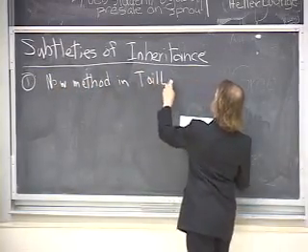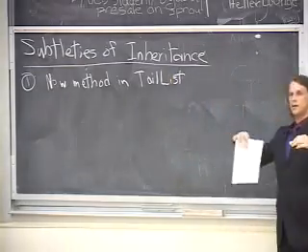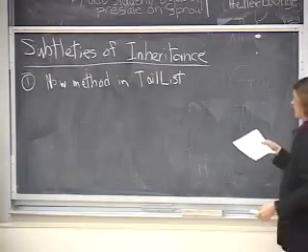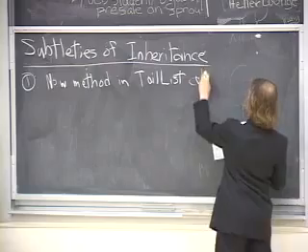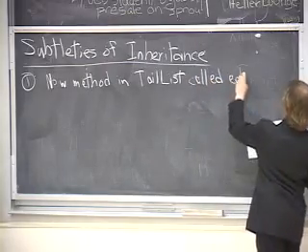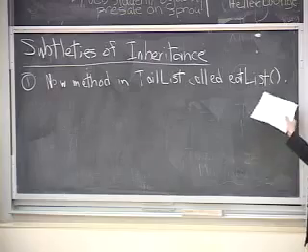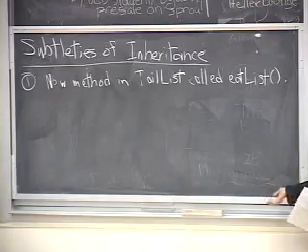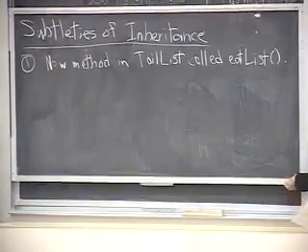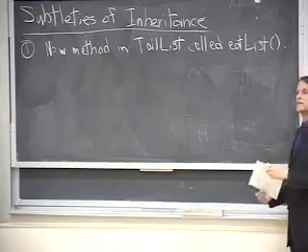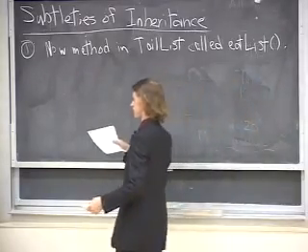Remember that TailList is a subclass of SList, and that new method is called eatList. Now remember, I defined this in the TailList class, so there's no eatList in the SList class, because parents don't inherit from their children.